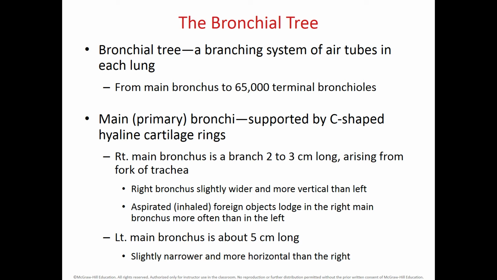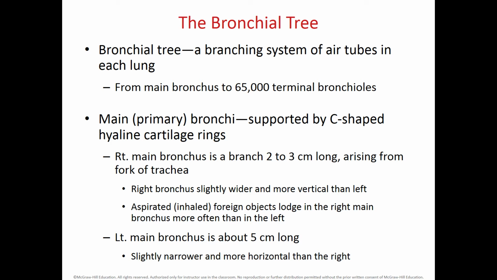The primary or main bronchi are supported by C-shaped hyaline cartilage rings, and one difference between the right and the left bronchi is that the right main bronchus is shorter and wider than the left bronchus.